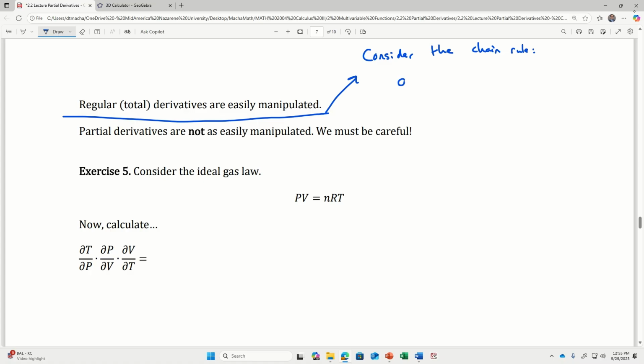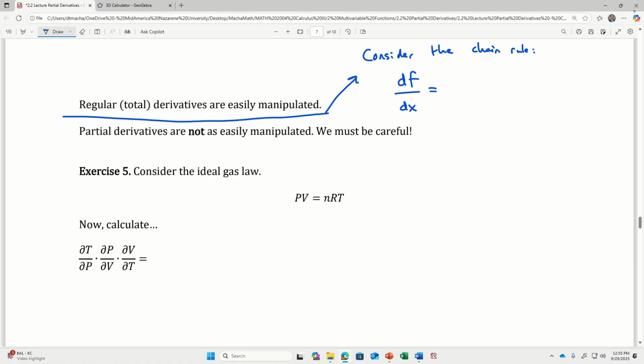If I want the derivative of some function f with respect to x, and f is a function that's composed with the function g.